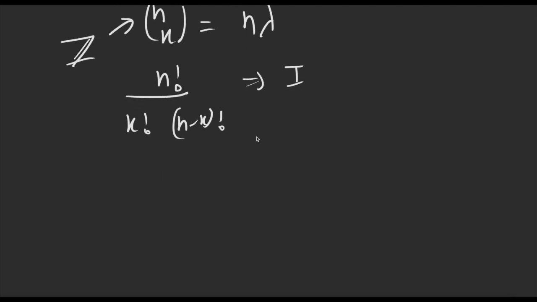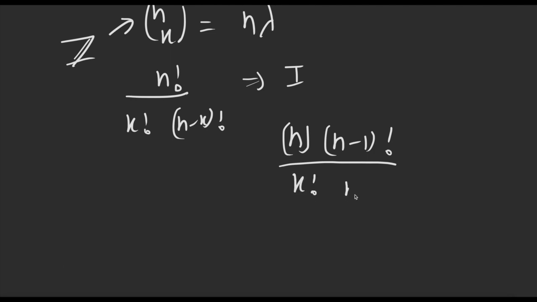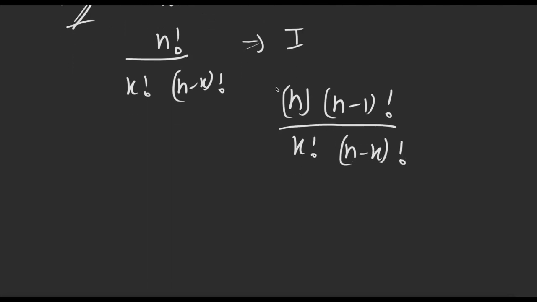Now we have n is prime. So let's take n outside, although taking n outside is not specific to n being prime or not, it's just a common factorial property. Divided by k factorial n minus k factorial, and now k is not equal to 0 or n, so let's just ignore those cases.